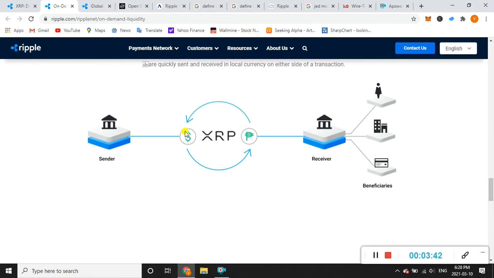After that happens, that XRP is converted into the equivalent amount of whatever currency you want, and then it gets sent to the receiver. The XRP that was initially tied up in this transaction becomes liquidated. That means it goes back into circulation, so it can be collateralized again or used again.